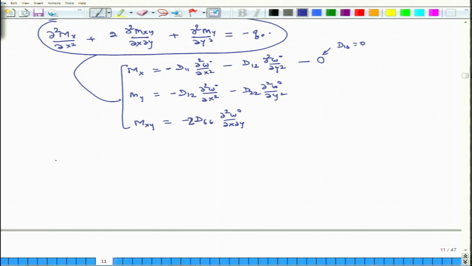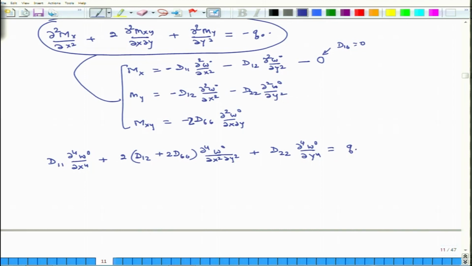It becomes D11 del 4 w naught over del x4 plus 2 D12 plus 2 D66 del 4 w naught over del x square del y square plus D22 del 4 W naught over del y 4 equals q naught.